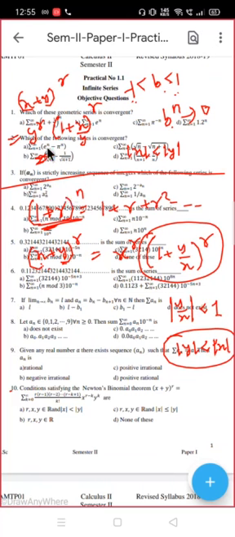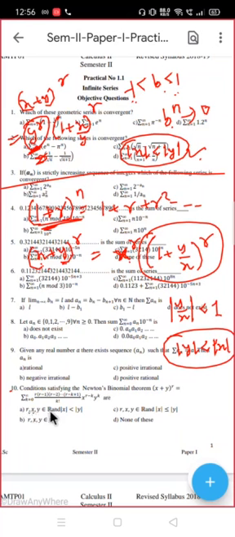But in both cases, look at this condition. This is true provided there is some condition given on y. This is true provided there is some condition given on x. And what do you think that condition would be? Look at the options. Can it be option A?